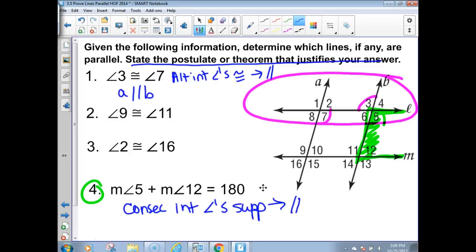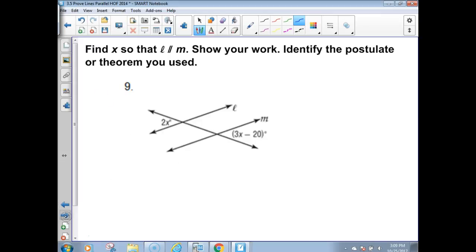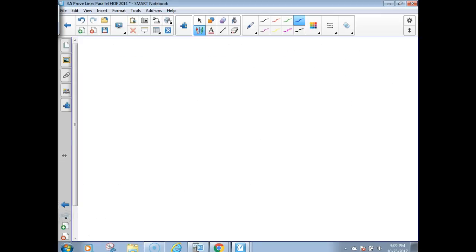And we're supposed to determine which lines would be parallel. Well, if you just look at what makes them, it has to be L and M. L parallel to M. Okay, you have some questions there to finish up. We can answer questions on them on Friday.